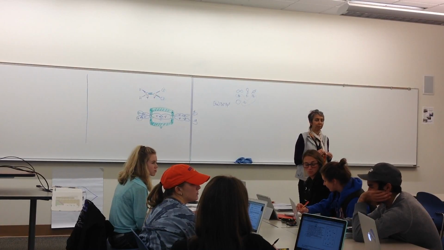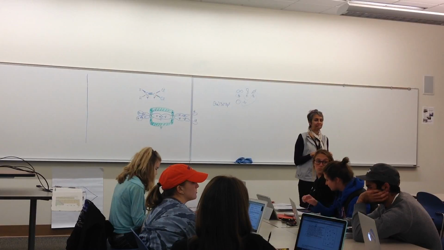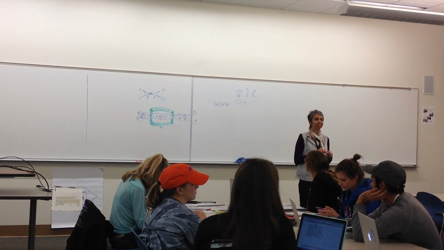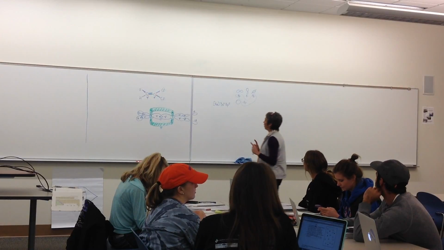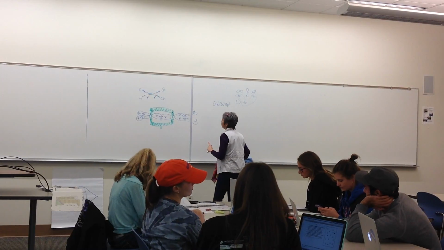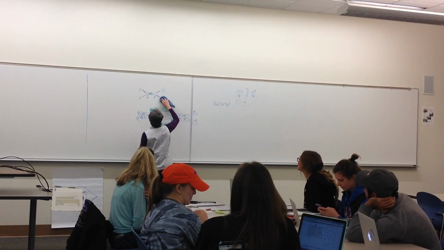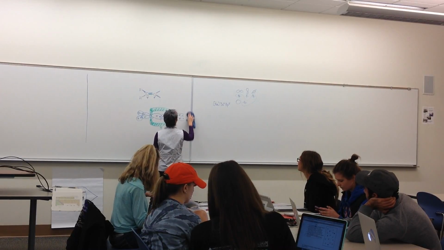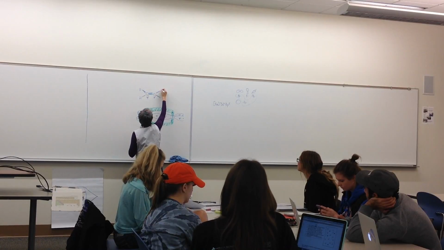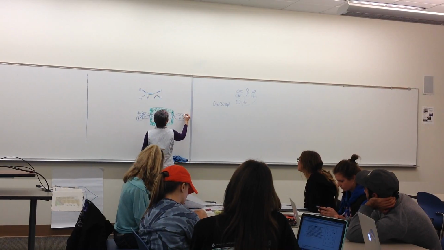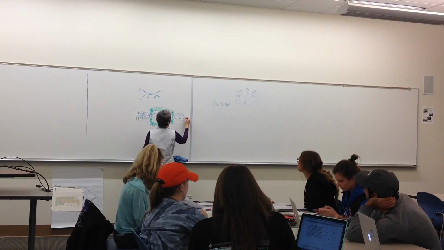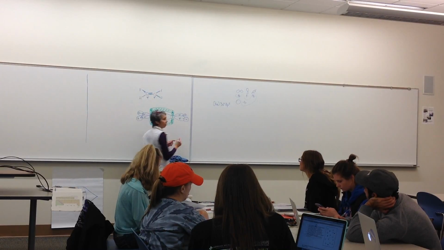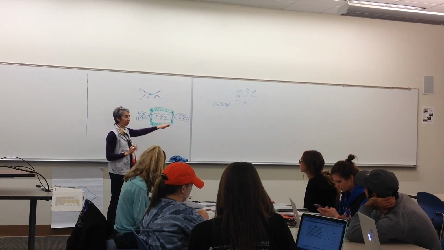Yep. So we had 3 carbons, and the question was, are all the H's on the same plane? So let's first change this problem to hydrogens for a minute. Do you mind if I just change that to hydrogens?